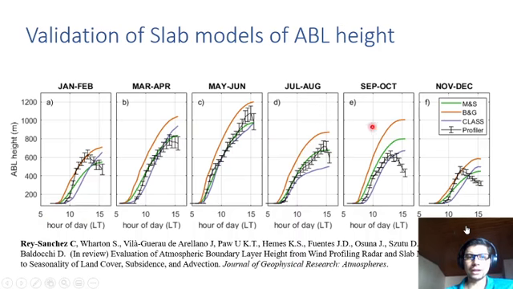The boundary layer height from the profiler is shown by the black line, whereas the models are shown by these other three colors. You see here that there's a fairly good agreement, and it was highly satisfactory, except perhaps here in the late summer, which was due to the effects of strong subsidence and advection.